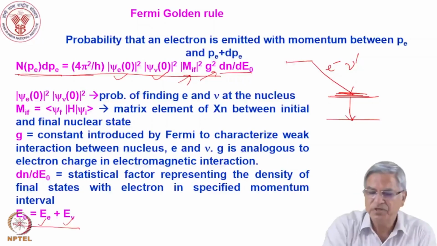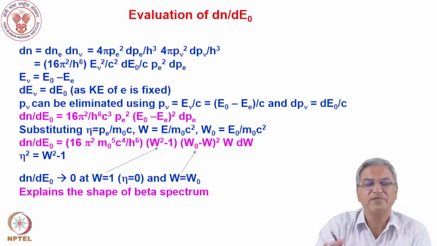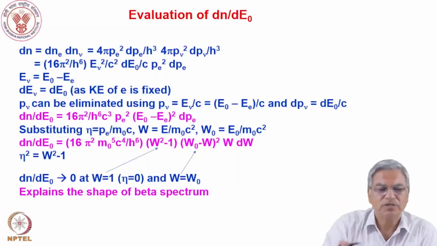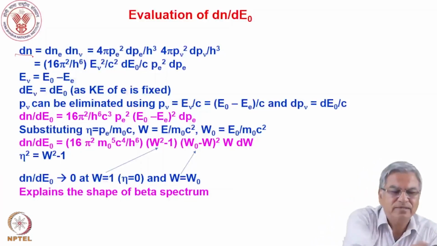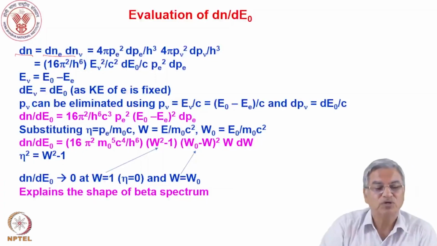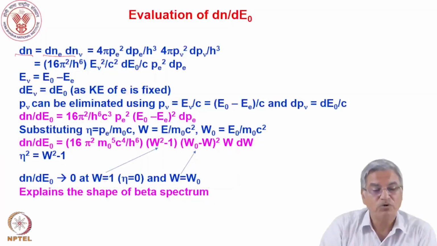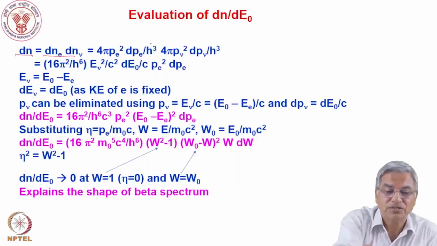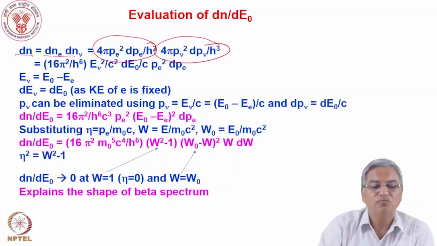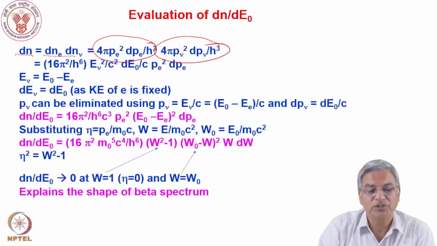So let us see how we can derive the final expression for the decay constant. A little bit more detail: the dN, the density factor, is nothing but dNe into dN nu, the density for the electron and neutrino. You can see the phase space and the momentum space for the electron and neutrino, 4 pi p square dp by h cube.